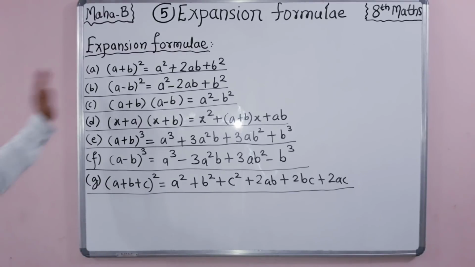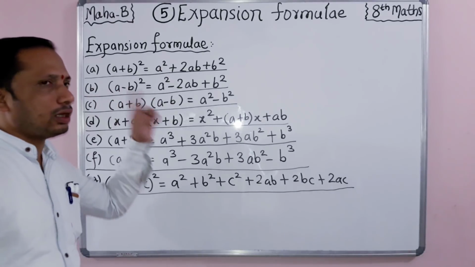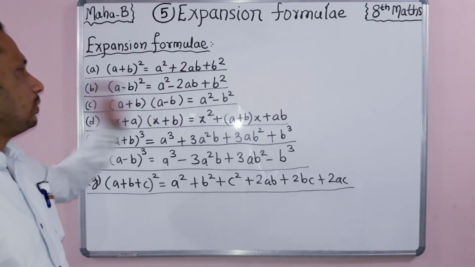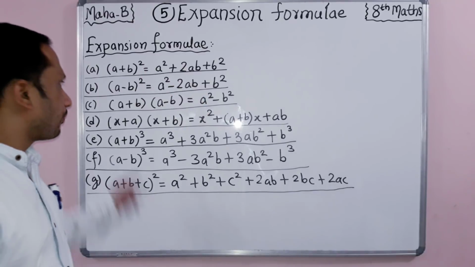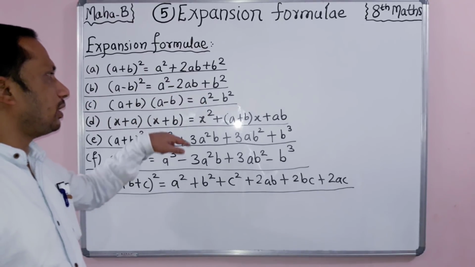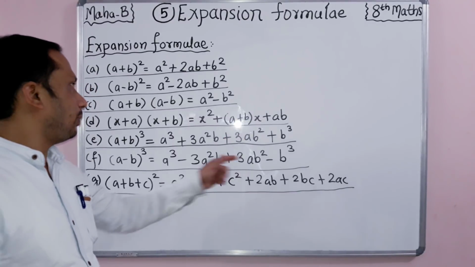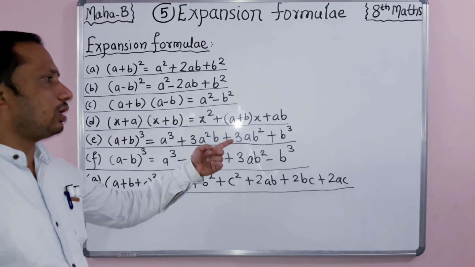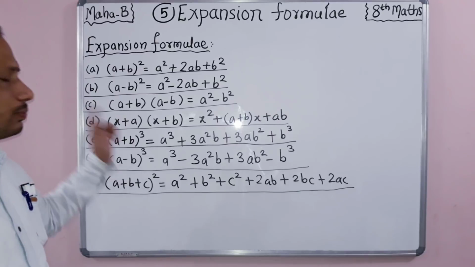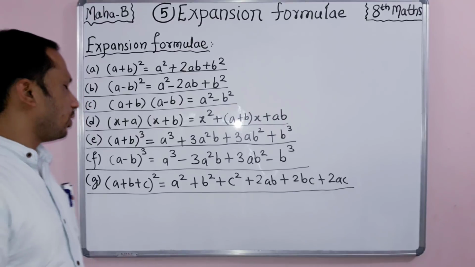(a plus b) whole square is a square plus 2ab plus b square. (a minus b) whole square is a square minus 2ab plus b square. (a plus b) into (a minus b) is a square minus b square. (x plus a) into (x plus b) is x square plus (a plus b) x plus ab. (a plus b) cube is a cube plus 3a square b plus 3ab square plus b cube. (a minus b) cube is a cube minus 3a square b plus 3ab square minus b cube.